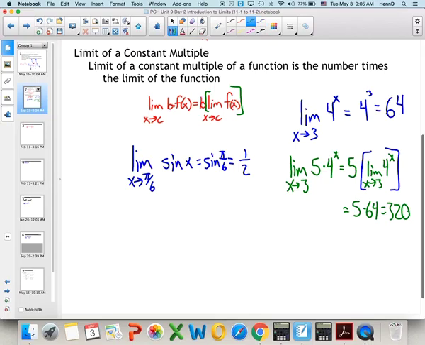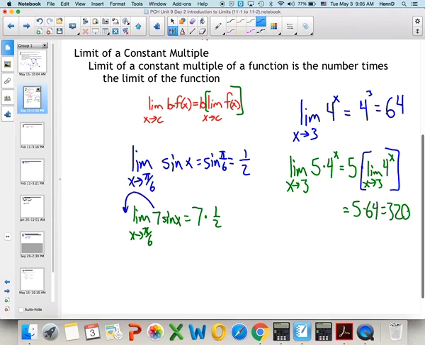So now, if I wanted the limit as x approaches pi over 6 of 7 sine of x, I'm just going to take 7 times 1/2, because I could pull this 7 outside of the limit.